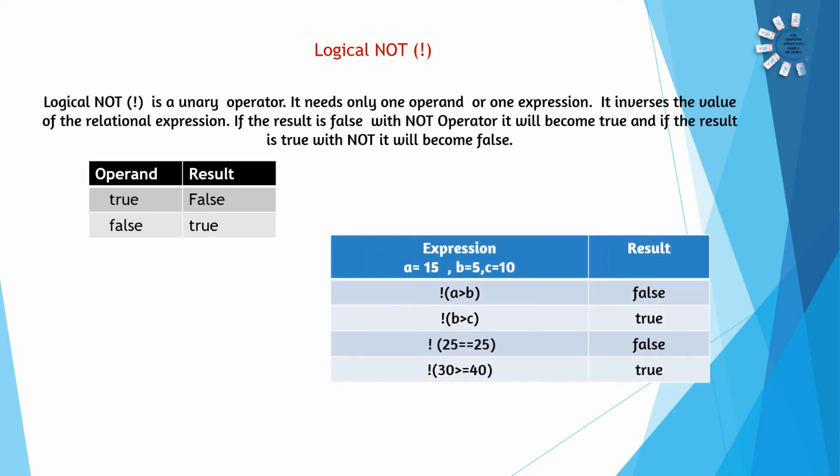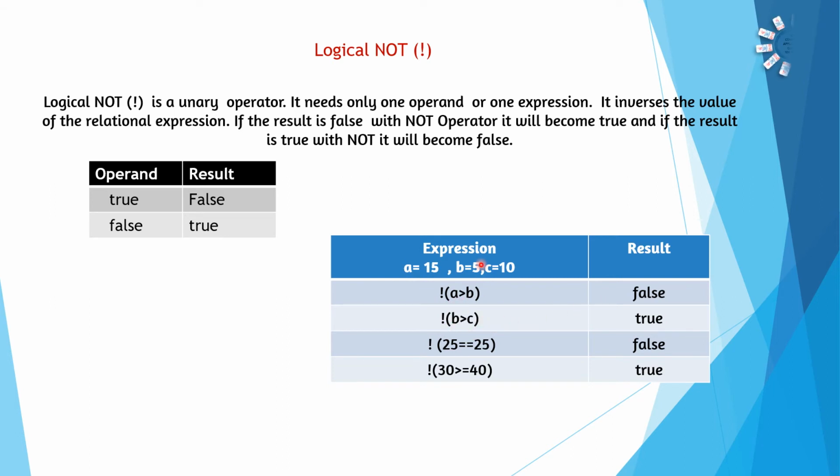For example, A is 15, B is 5, C is 10, the same values. Take A greater than B. The condition is true, but when you put the logical NOT sign, the answer will become false.